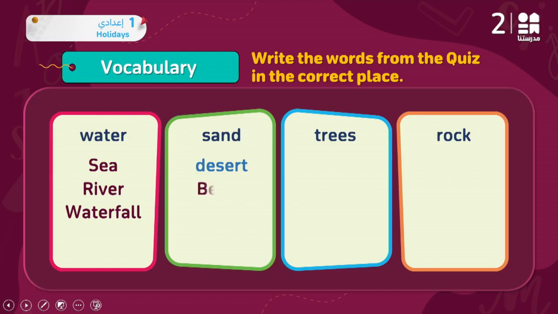Excellent. بعد كده الساند. ايه الحاجات اللي related to the sand؟ أنا عندي هنا الديزرت as an example. ايه تاني related to the sand؟ Of course. Excellent. I have the beach.